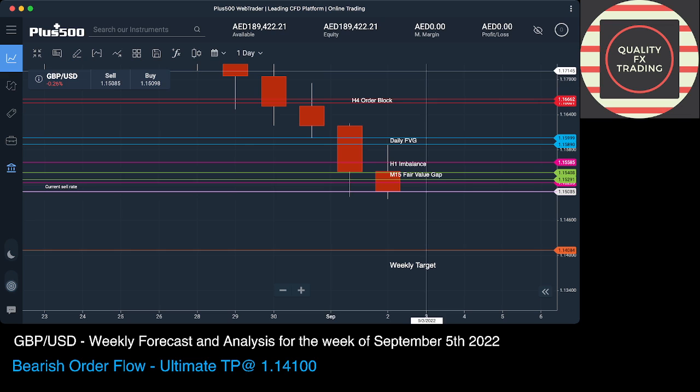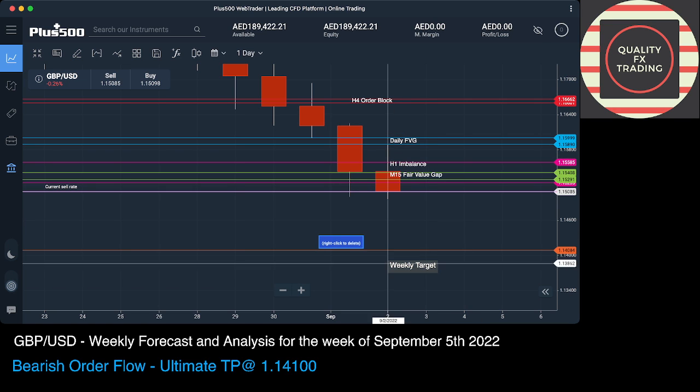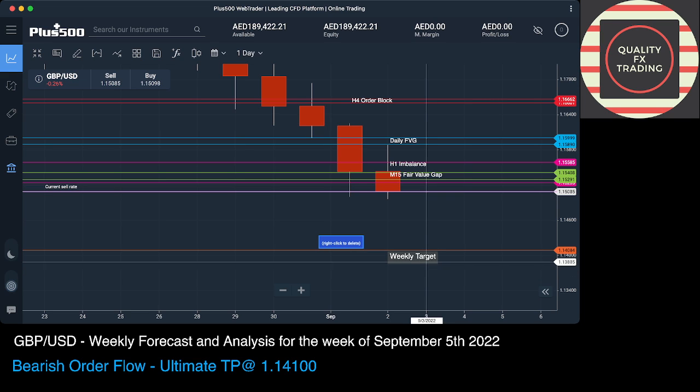Okay, so there is a possibility that price can go inside this fair value gap just by a little bit, and then it can push to the downside to the weekly target. So don't forget about that possibility also.